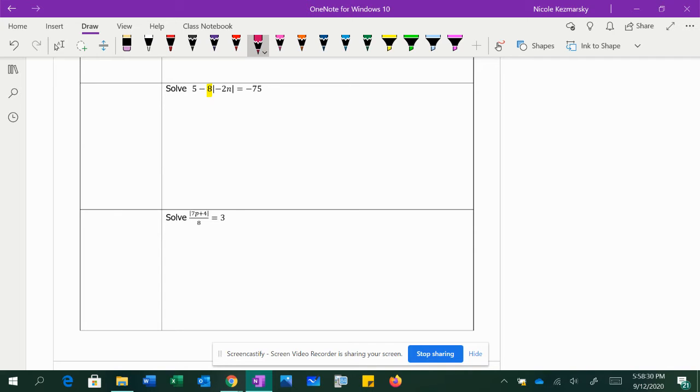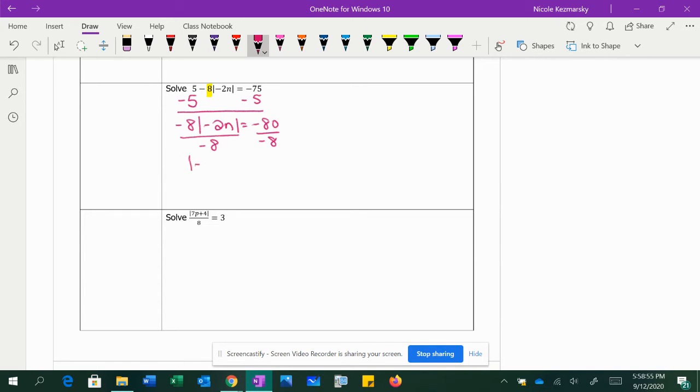The 5 is 5 minus. So I'm going to go ahead and subtract the 5. So that's going to give me negative 8, absolute value of negative 2n equals negative 80. Then I can divide by the negative 8 because that's being multiplied.